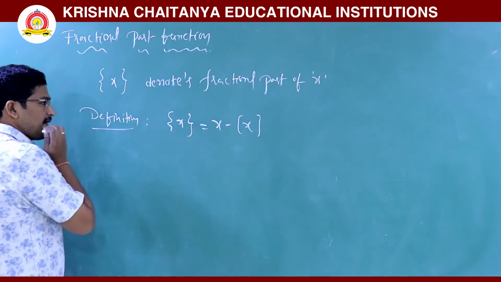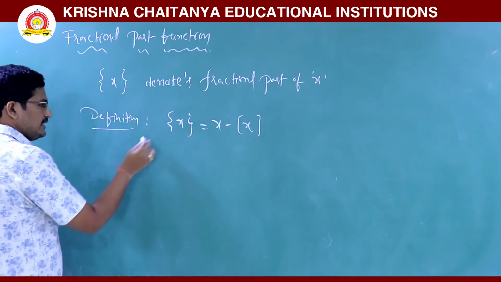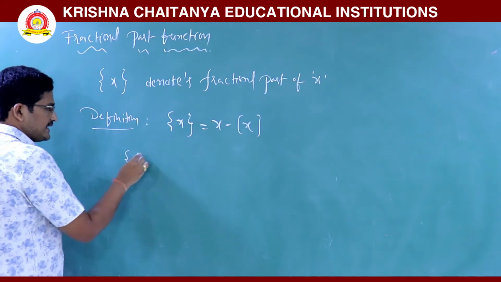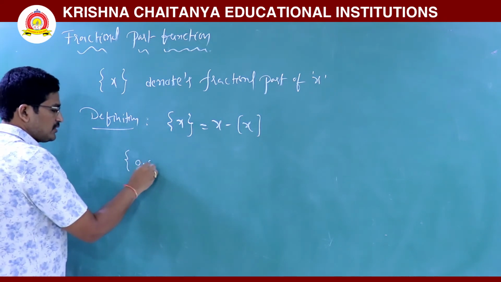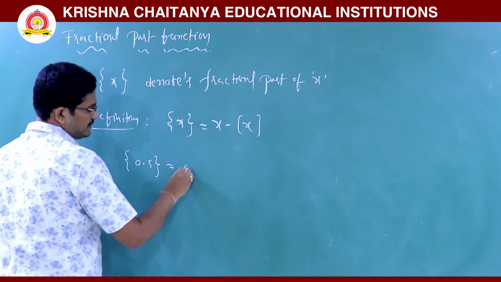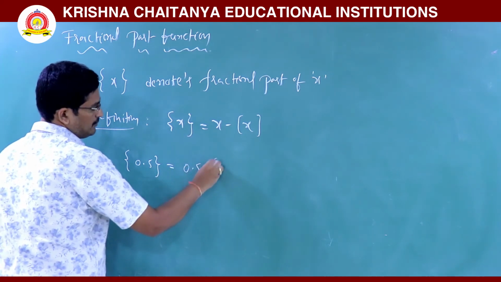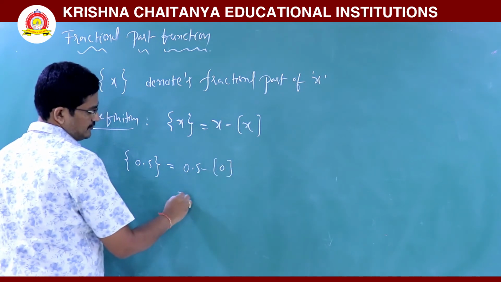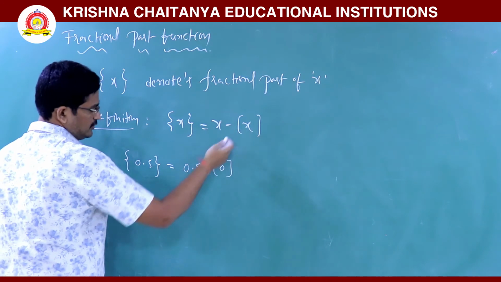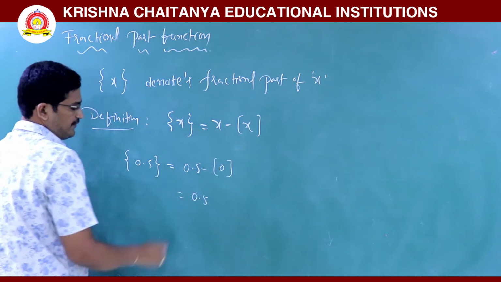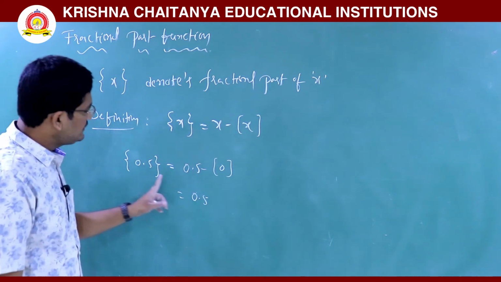Suppose I am taking the x value as 0.5. Listen to me carefully. Fractional part of 0.5 equals, by the definition, 0.5 minus step of 0.5. Step of 0.5 is 0, so the answer is 0.5.